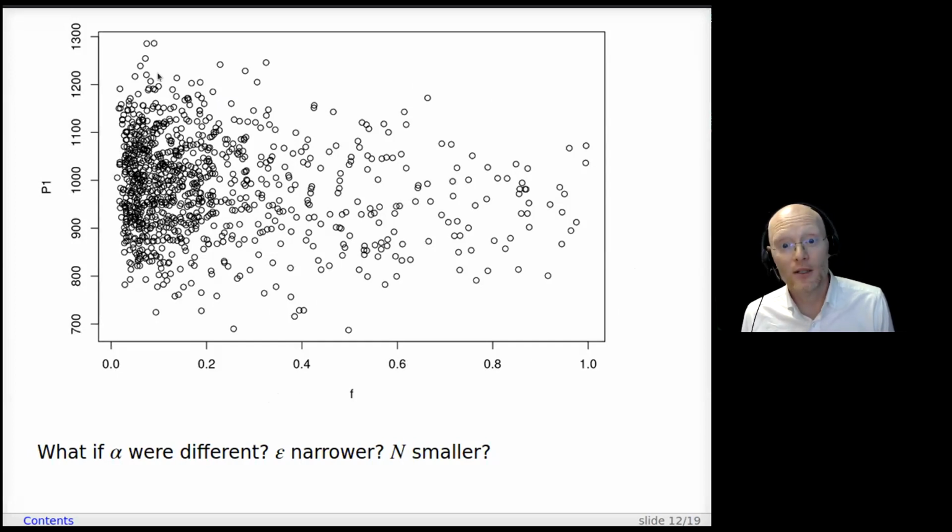In other words, if pesticides were worse for bees, how would this plot look? Second question, what if epsilon were narrower? So if that natural variation in hive growth was smaller? And third, what if we had fewer observations, if our sample size was smaller?